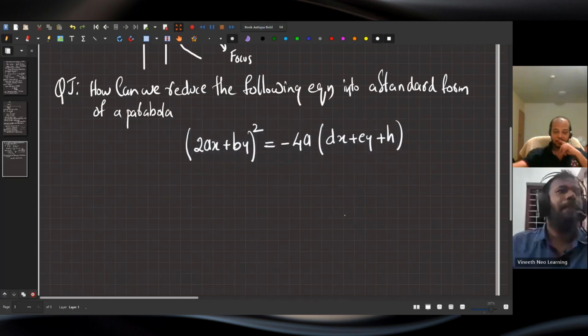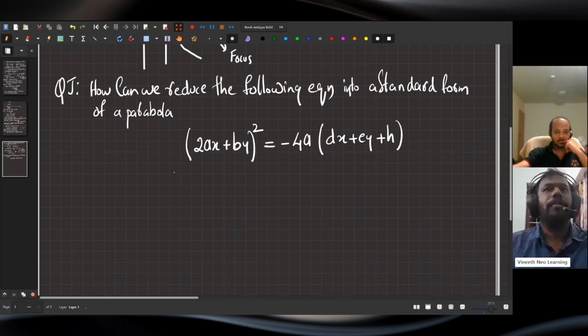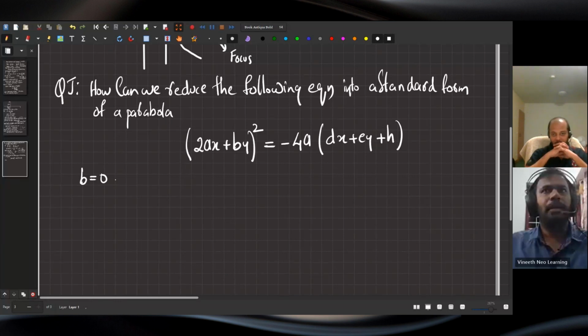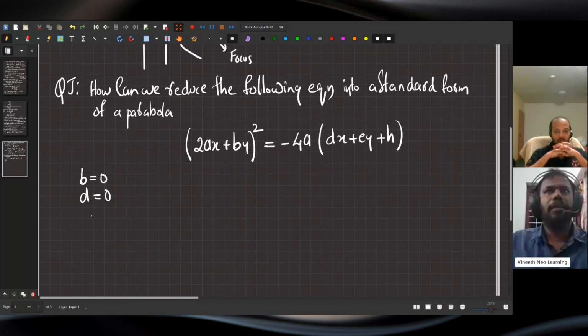Okay, first of all, let me see what happens if we put b equal to 0, then d equal to 0, then h equal to 0, and e equal to 1.